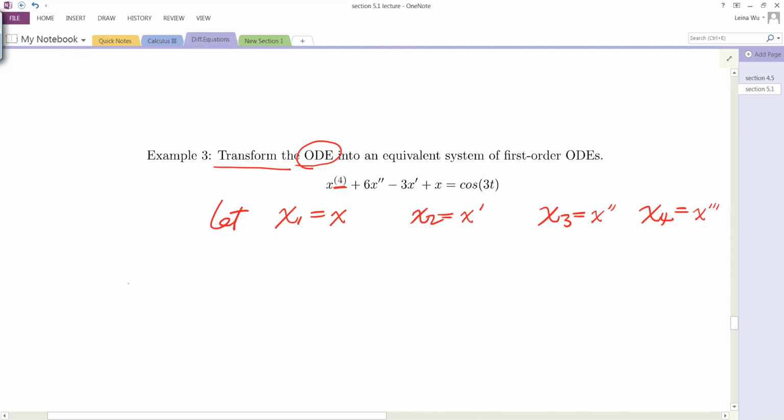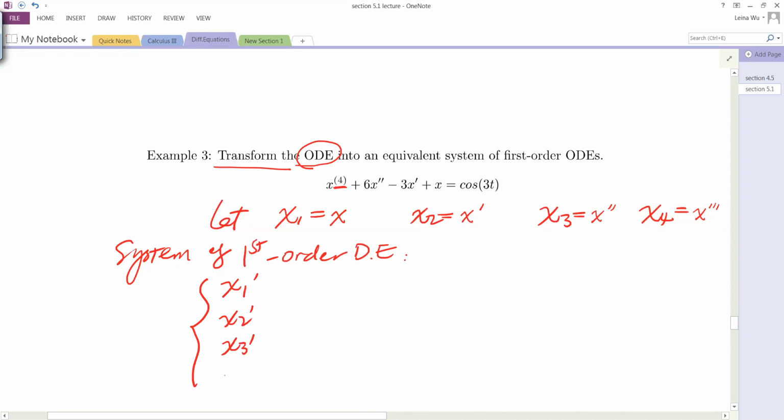Yes. All right, next let's try to get the system of first order differential equations. Remember, each one would be first order, so we should have x1 prime equals something, x2 prime equals something, x3 prime equals something. Okay, let's see.